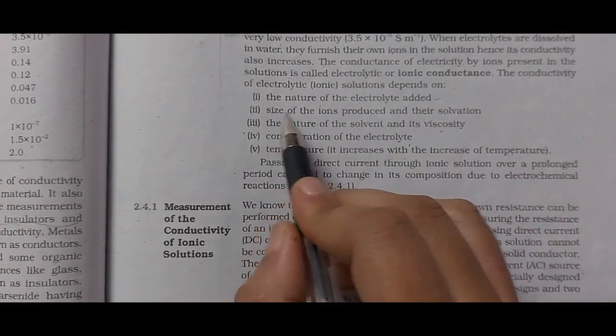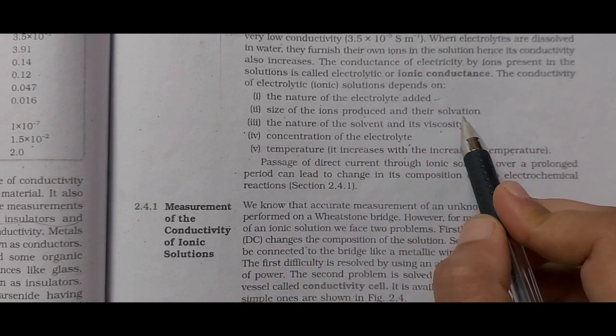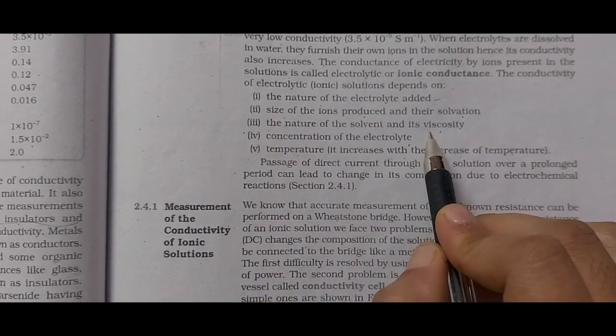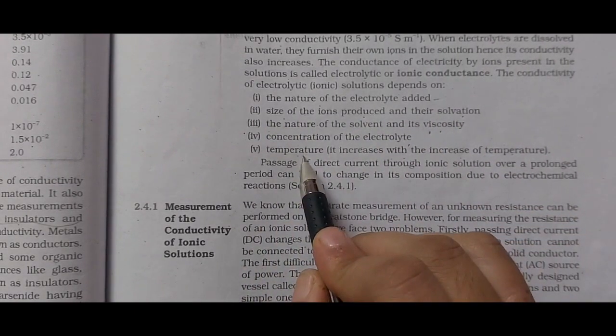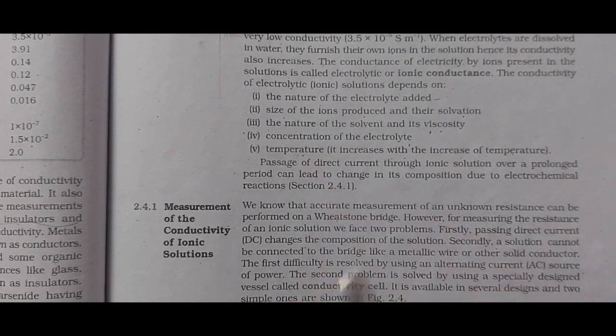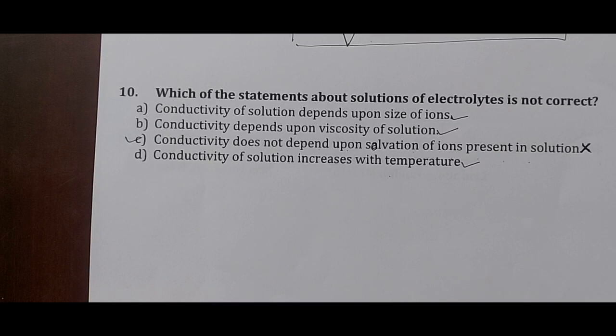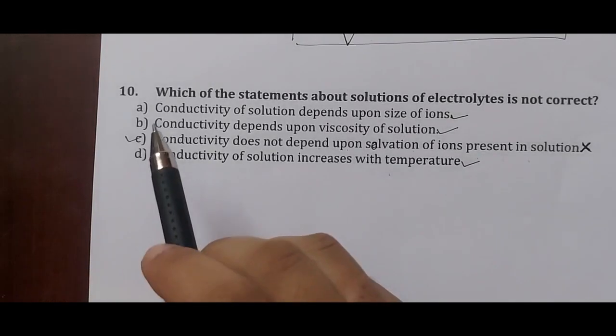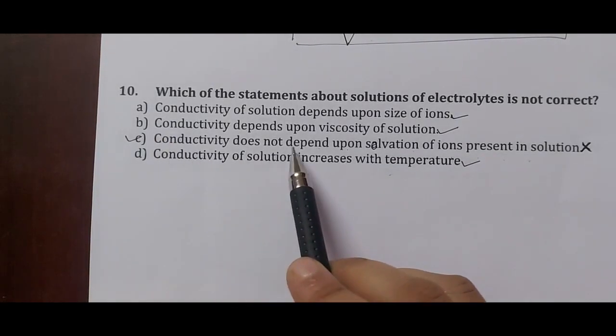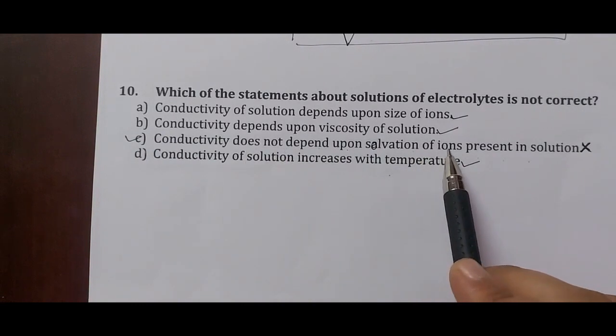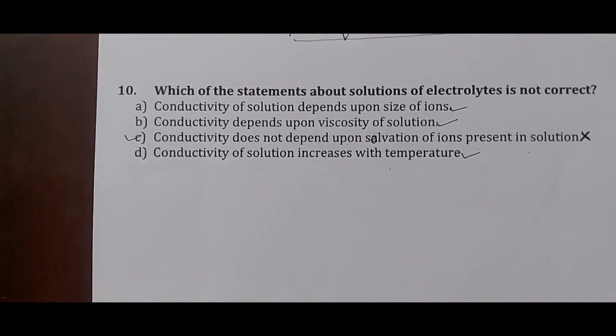So it is dependent on the size of ions and their solvation, on viscosity, and on temperature. Hence, the correct answer we had selected is option C: conductivity does not depend upon solvation of ions present in solution.